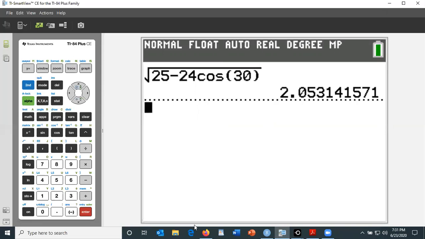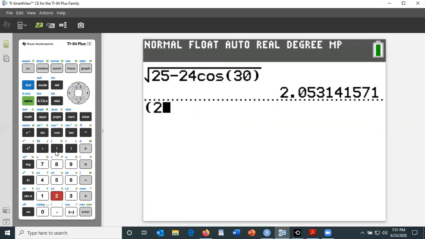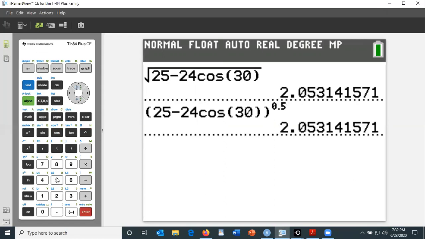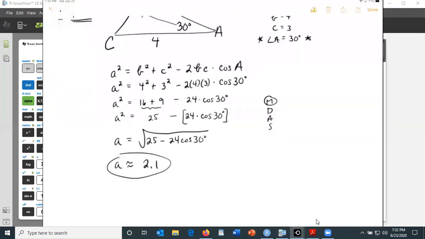So for example, I could do parentheses 25 minus 24 cosine of 30, close the parentheses, and then raise it to a power of a half. A power of a half is also a square root, so it's the same thing. So there's two ways you can do a square root on your calculator. All right, so there's our answer to that problem, 2.1.